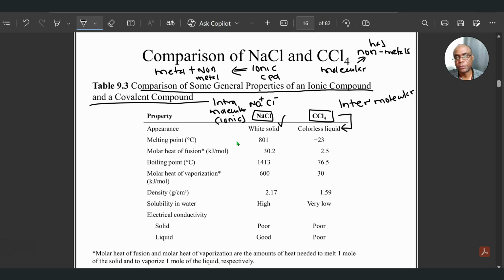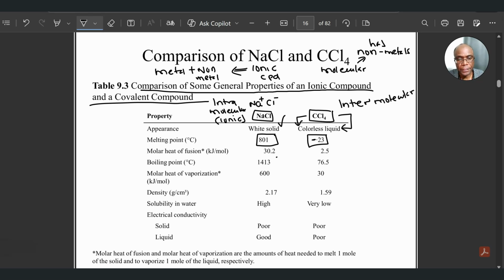They are weaker, so you expect carbon tetrachloride to be a liquid, while sodium chloride will be a solid because it has strong ionic intramolecular forces. And those strong ionic intramolecular forces cause the melting point of sodium chloride, an ionic compound, to be very high compared to carbon tetrachloride, which has negative 23, while sodium chloride has 801.